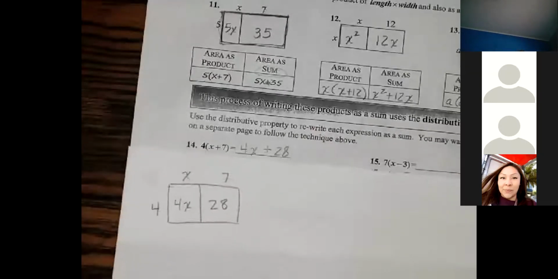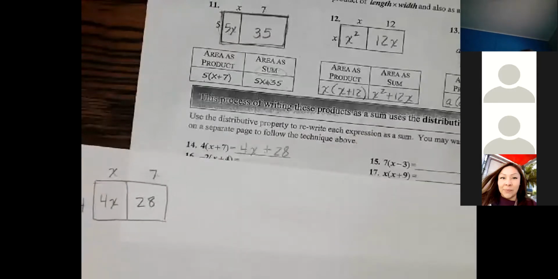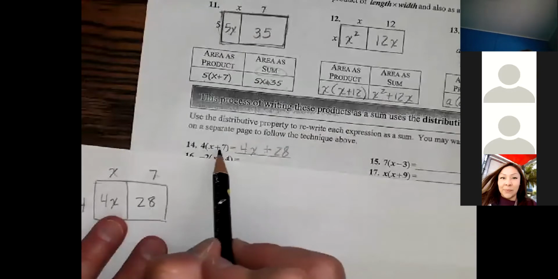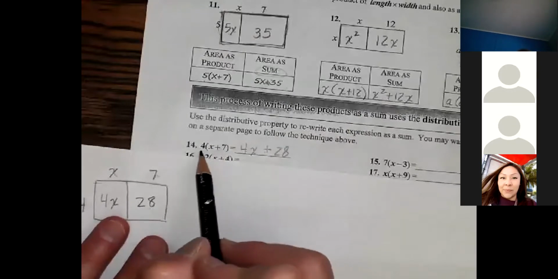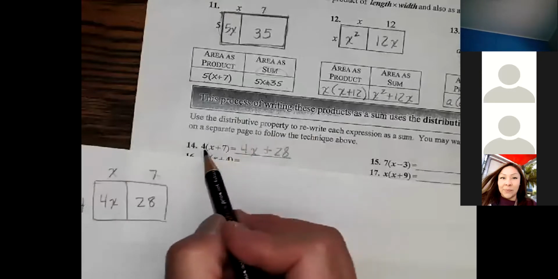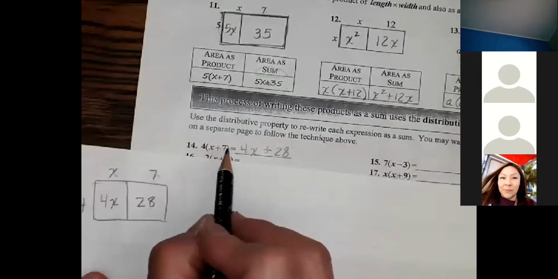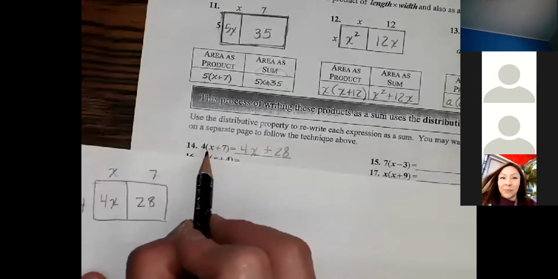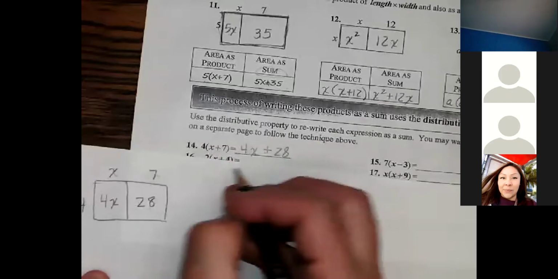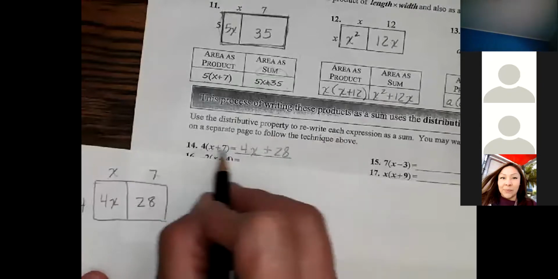So with this one, if you wanted to do it without the picture, when you see something in parentheses added up, and then there's a number outside, right next to the parentheses, you know you're going to have to multiply this 4 by each in the parentheses. So it's going to be 4 times x plus 4 times 7.